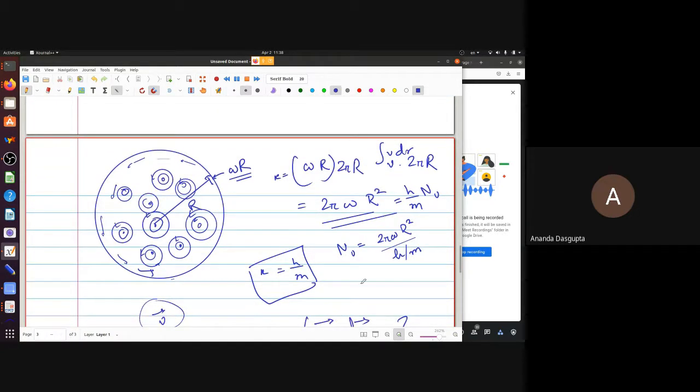And pi r squared is the cross section area. So the density of vortices, the number of vortices per unit area, is 2 m omega by h. Sorry, not h cross, h.